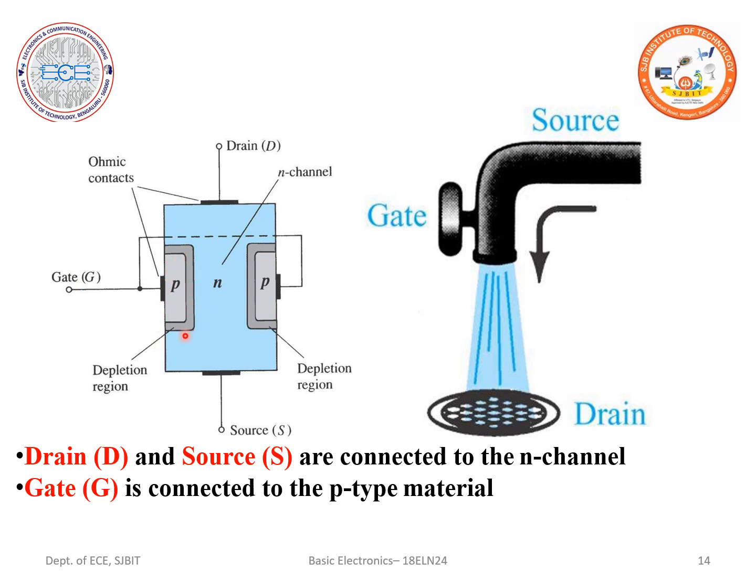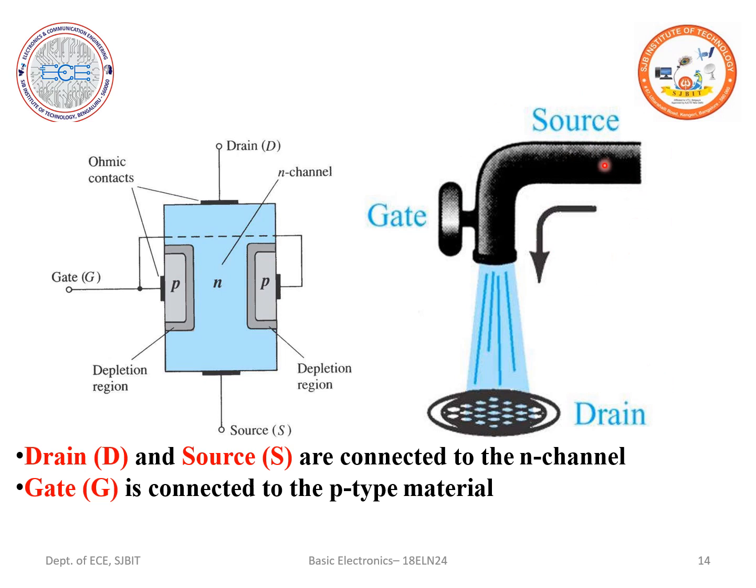This is where the depletion region comes in, which we will study when we look at the working principle of JFET. For now, let us understand that we have three terminals: source, drain and gate.